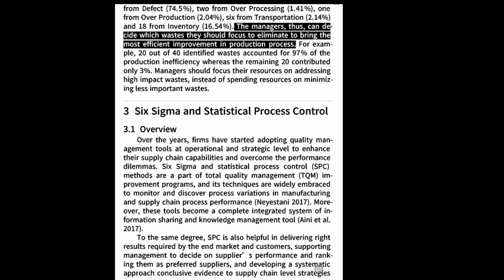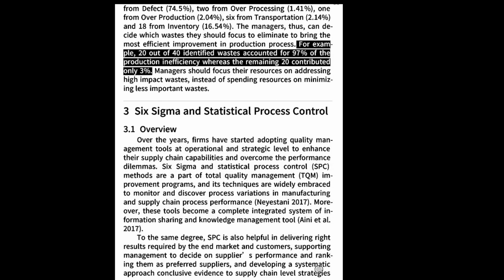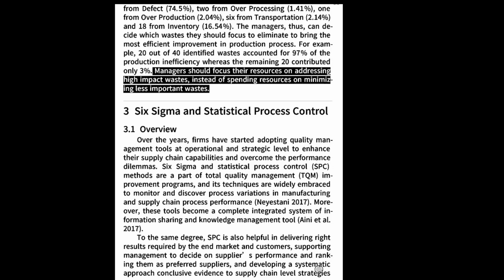The managers, thus, can decide which wastes they should focus on eliminating to bring the most efficient improvement in the production process. For example, 20 out of 40 identified wastes accounted for 97% of the production inefficiency, whereas the remaining 20 contributed only 3%. Managers should focus their resources on addressing high-impact wastes, instead of spending resources on minimizing less important wastes.